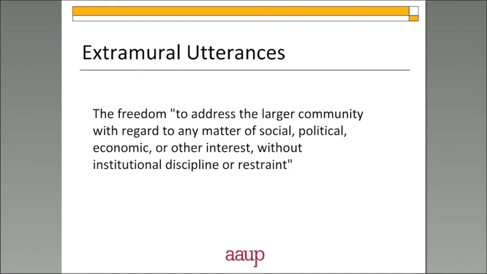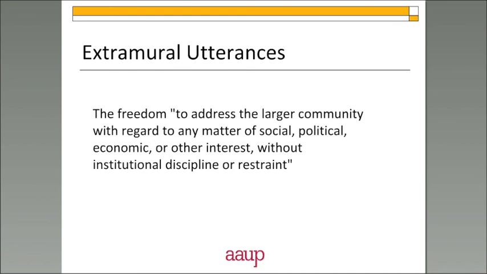To some extent, this goes back to the AAUP's founding, during the progressive era, when social scientists wanted to be engaged in public debates over the direction in which the country was heading, and frequently for their troubles were dismissed.